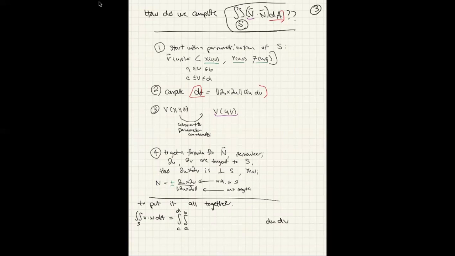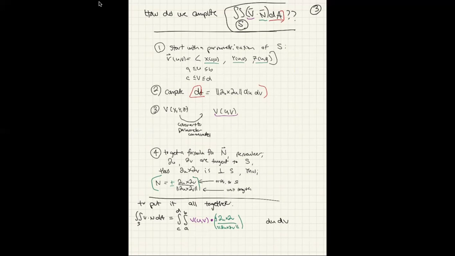Okay, I've got v in purple up top, so I'll keep that purple. So we've got v of u comma v dotted with, I'll call the green up there n, so dotted with my n. So I'm going to write plus or minus partial u cross partial v, this chunk right here, over the magnitude of partial u cross partial v. That's a purple dot product with this vector right here. And then finally, I want that dA.